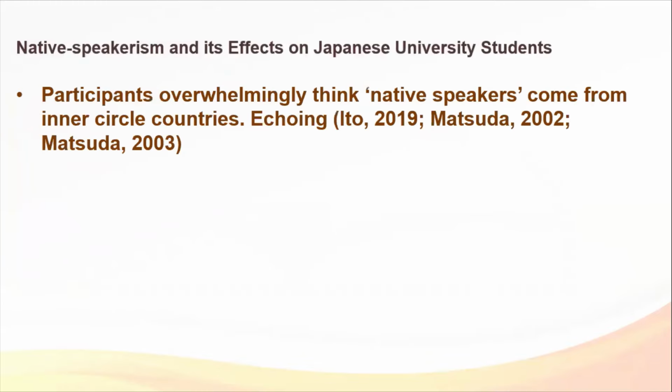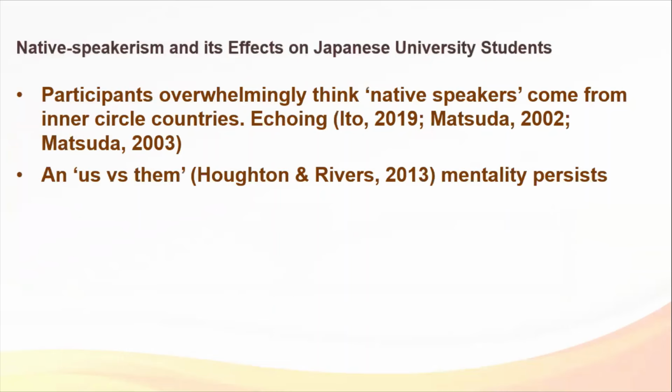What does this mean? It shows that participants in this study overwhelmingly think that native speakers come from inner circle countries, echoing many previous studies. There is still an us versus them mentality, which persisted in previous studies too: us, the Japanese students, them, the native speakers.